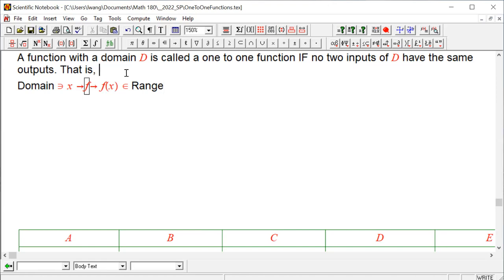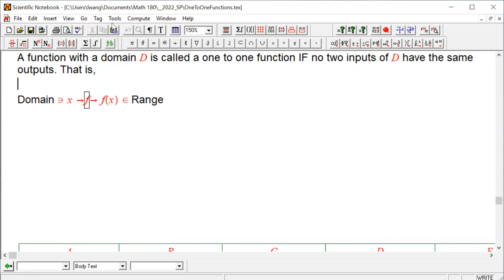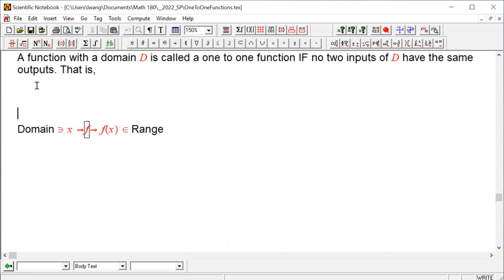Now, with that context, we're going to explain what it means for this function to be one-to-one. That is, what is the "if"? For each input, x sub 1, and another input, x sub 2.